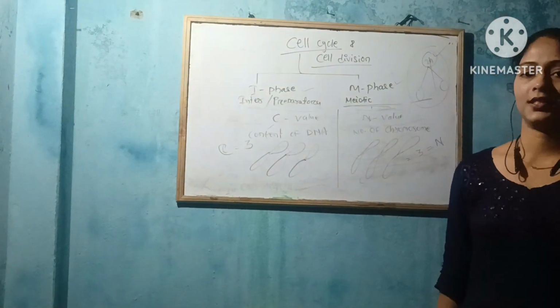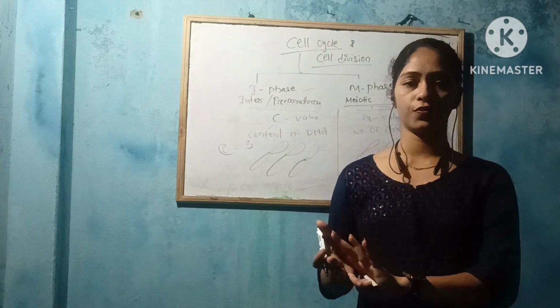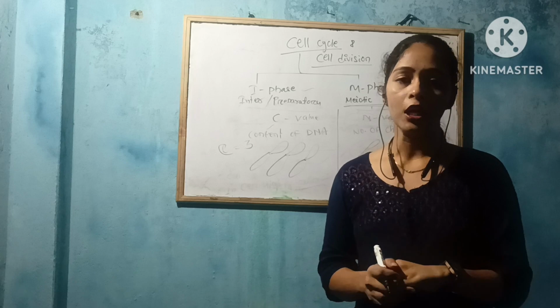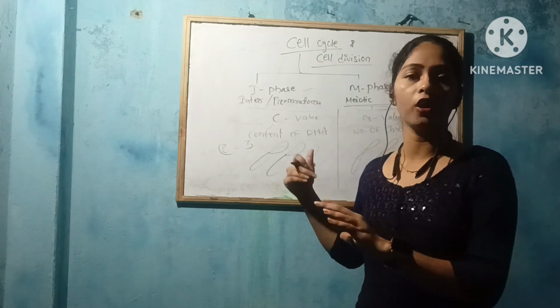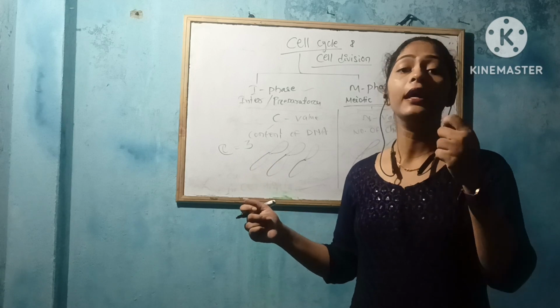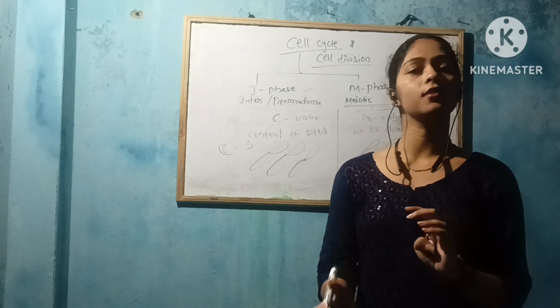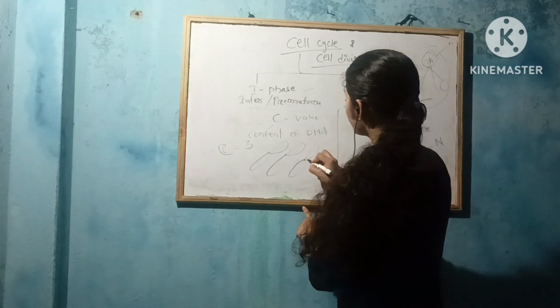But when the cell completes its G1 phase and enters S phase, what will occur? The synthesis of DNA will occur. It's not the synthesis of chromosomes. What is being done in S phase? We already discussed, it is the synthesis of DNA, which means the amount of DNA is increasing, not the number of chromosomes.